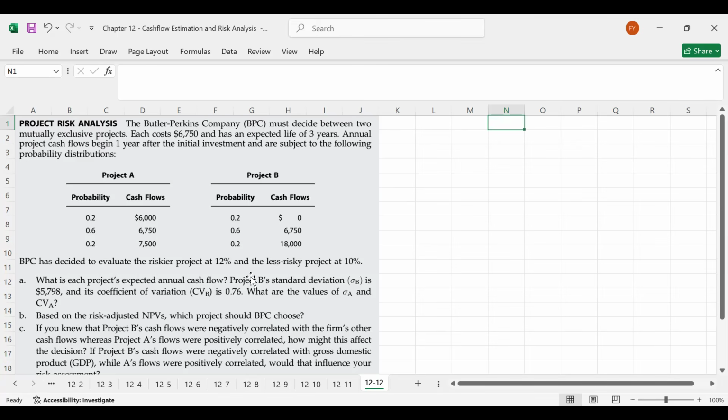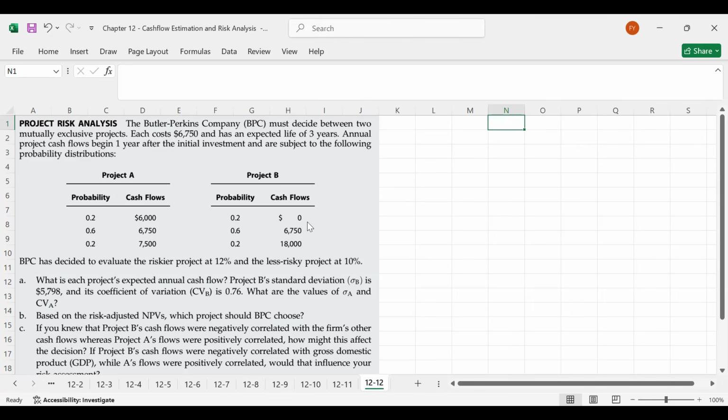If in your exam the project B standard deviation or coefficient of variation is not given, then how will you calculate it? So first of all, we are going to calculate these three basic calculations.